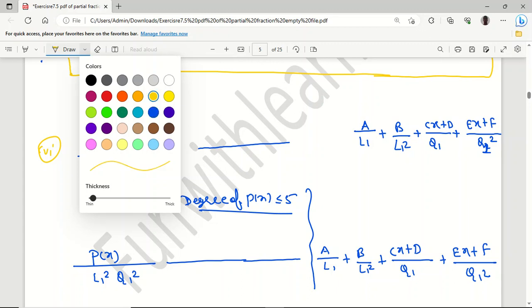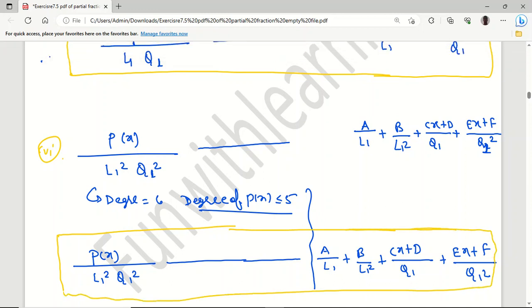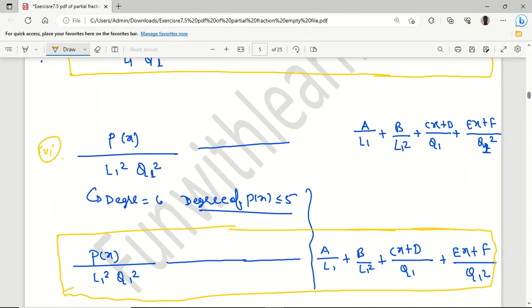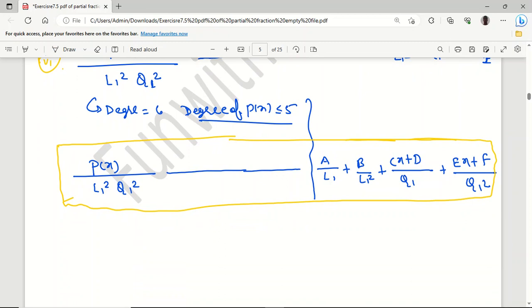There can be many more types of proper rational functions. We can take Q1 cube, we can take L1 power 5, 6. But I hope you are understanding how to break them into partial fractions. So right now we'll solve one or two questions related to partial fractions.